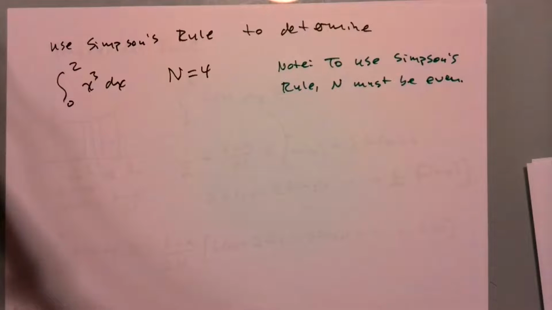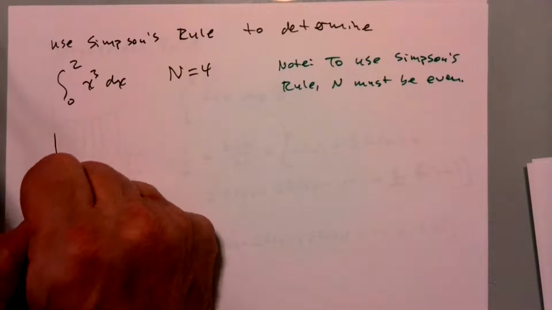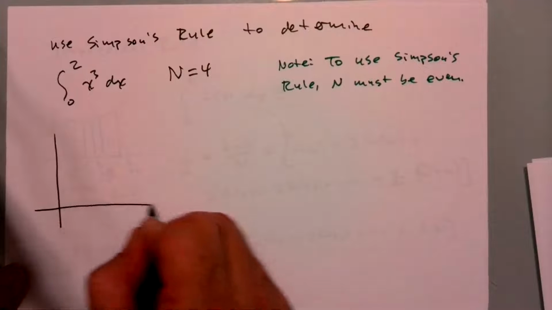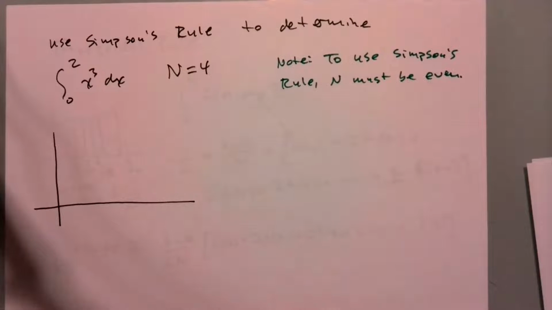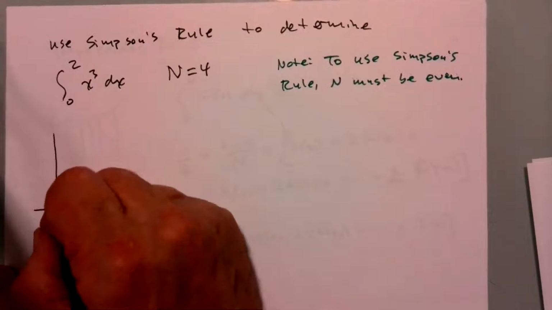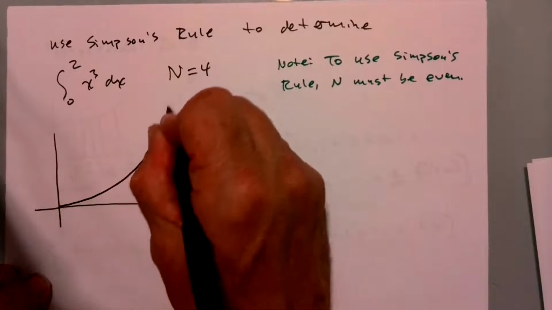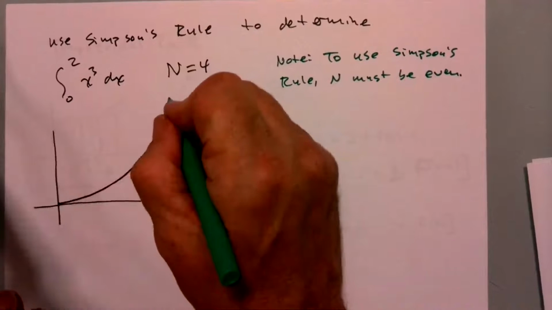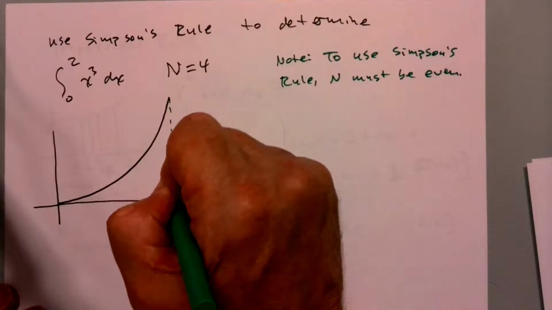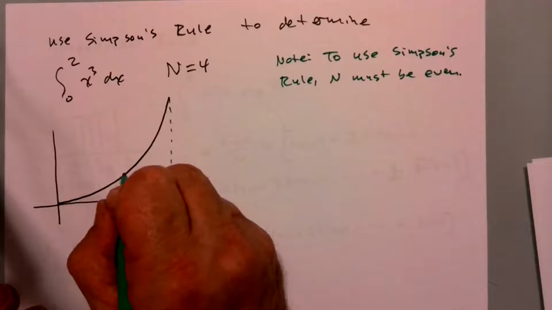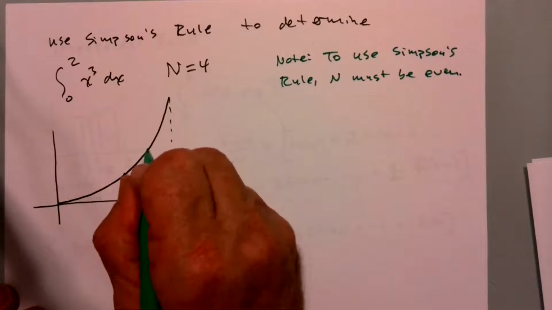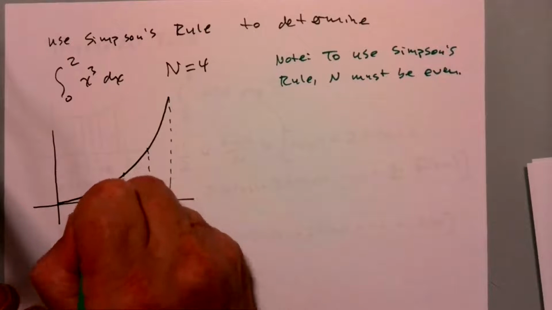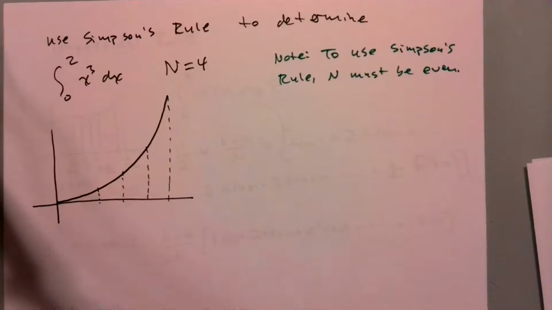Now, let's draw ourselves a picture here. We are going from 0 to 2. At 0, we are starting at 0. At 2, 2 to the third is 8. So it's growing fairly quickly here, but I have n equals 4. Just like before, we had 4 trapezoids. These aren't really trapezoids we're using this time, but I wanted to define the various y values.